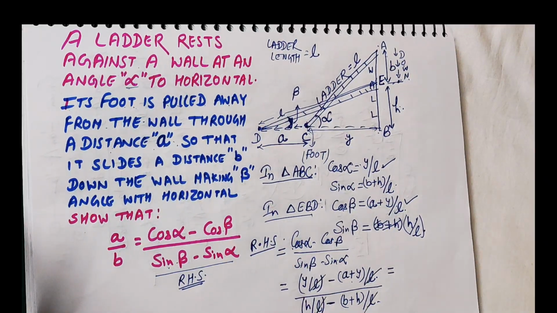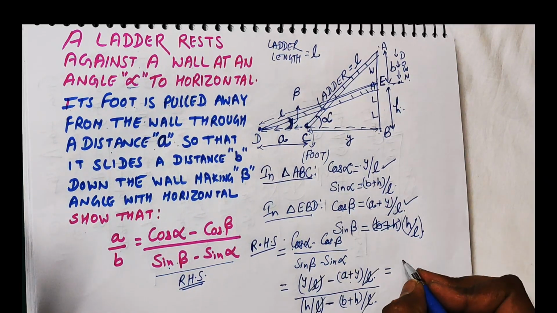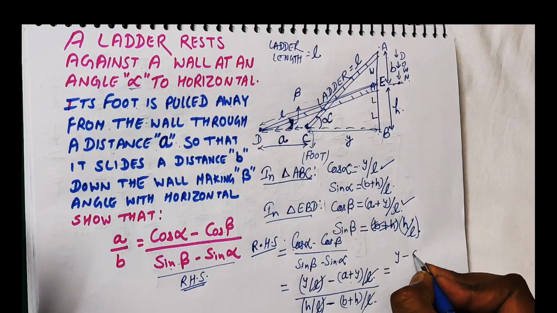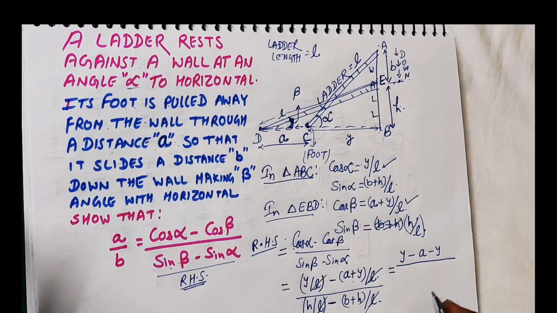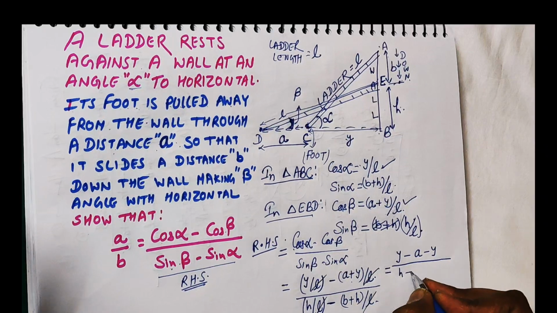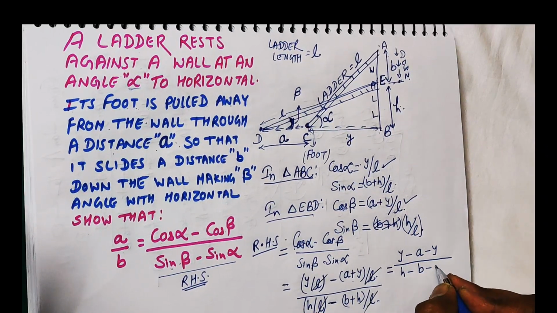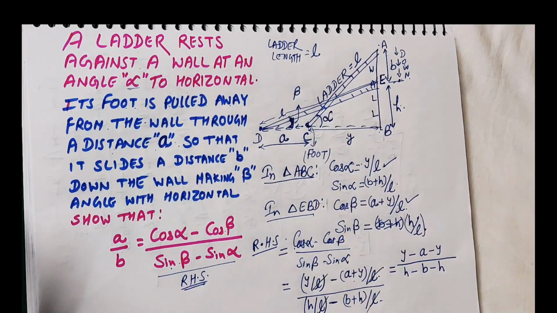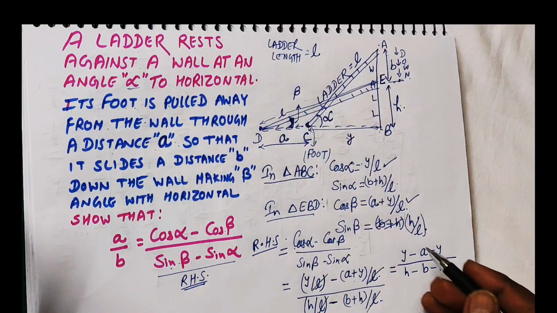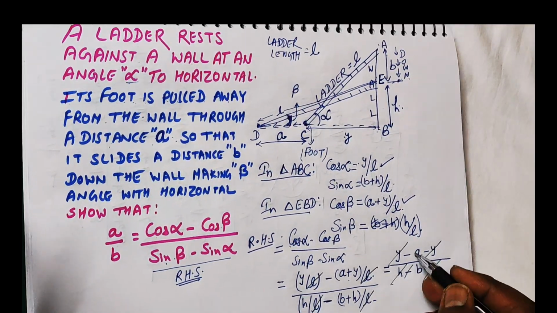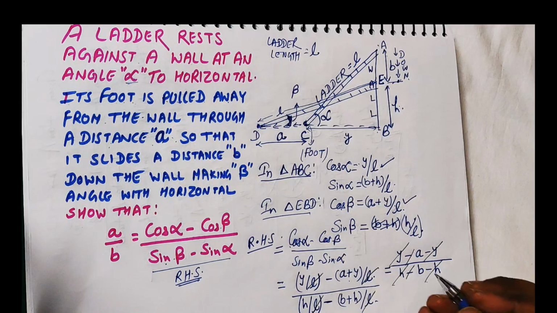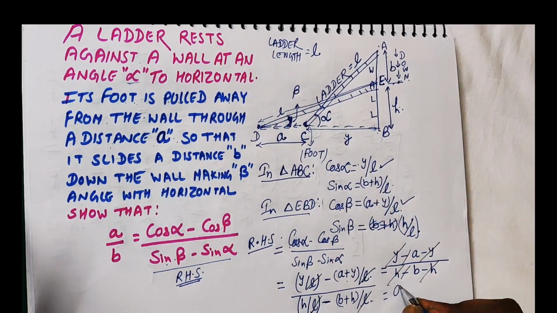Now we are left with what? Y minus A minus Y, because A plus Y will be multiplied with the minus sign, and into the denominator we have H minus B minus H. You can see into the numerator Y will be cancelled out and H will be cancelled out, and this minus sign will be cancelled out from A and B, which is left finally.